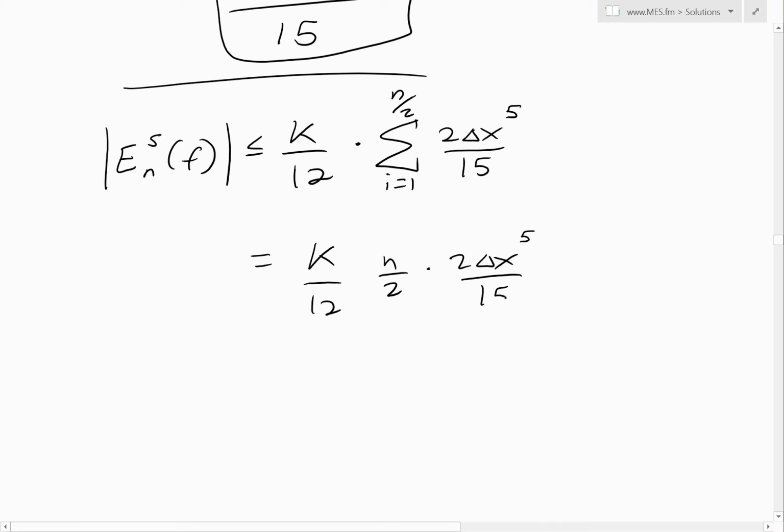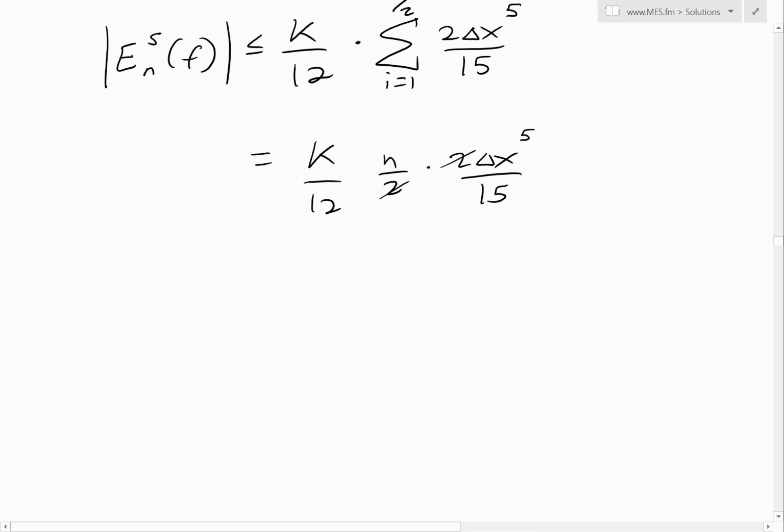This cancels. And now what we're left with equals k over 12 times 15, well, let's just go here, 12 times 10 plus 5 equals 120 plus 12 times 5, that is, well, 6 times 5 is 30, so 60, equals 180. So that's just my in-my-head calculation.